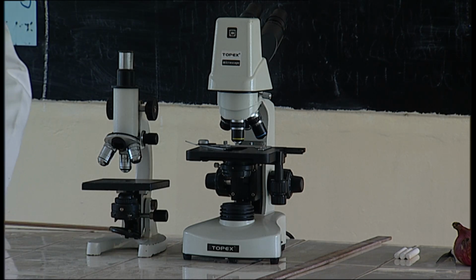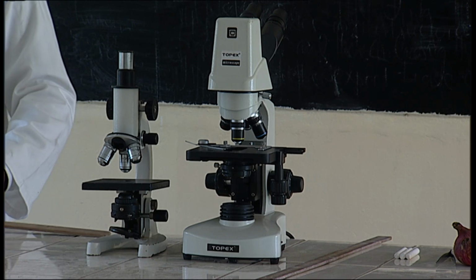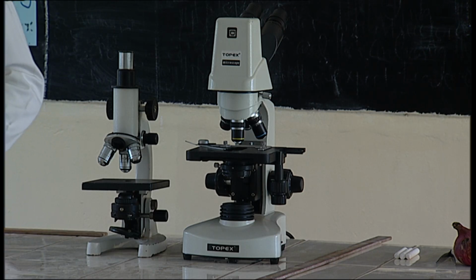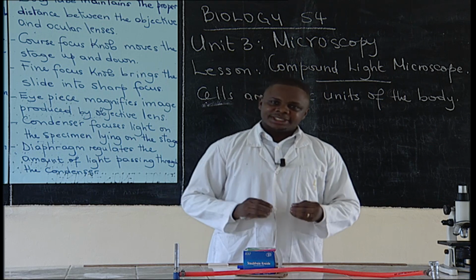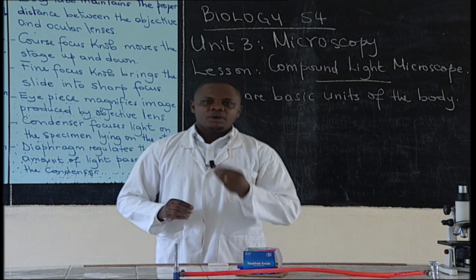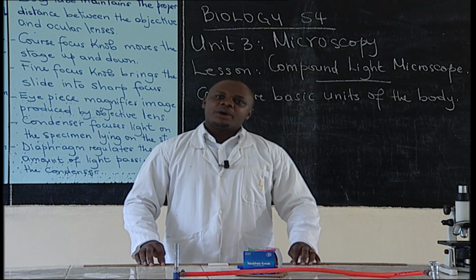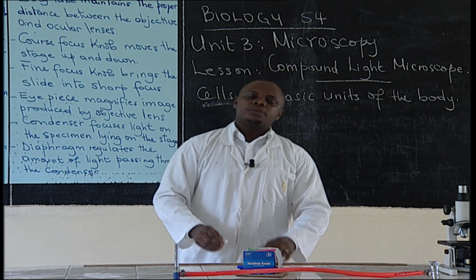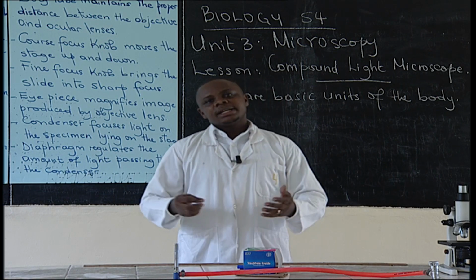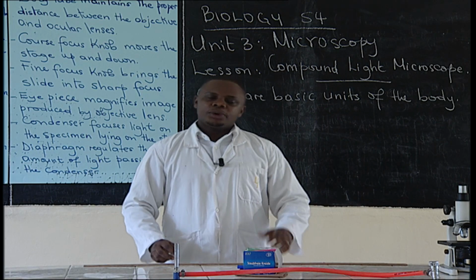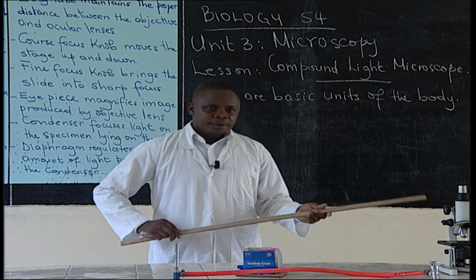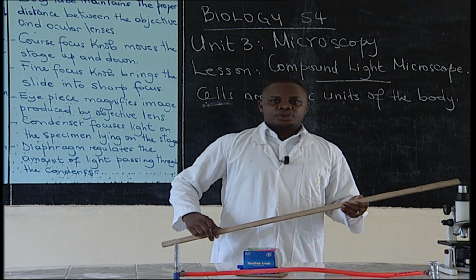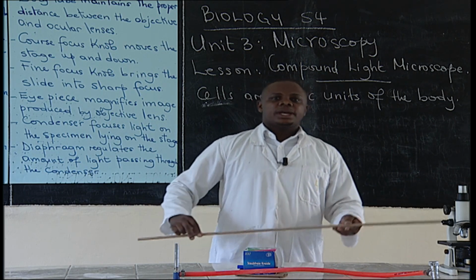Hospitals use microscopes because, remember, most of the disease-causing organisms are too small to be seen by our eyes. Here we can talk about bacteria and some viruses. You can't see them with your eyes, so you need a microscope. In hospitals, they use microscopes.